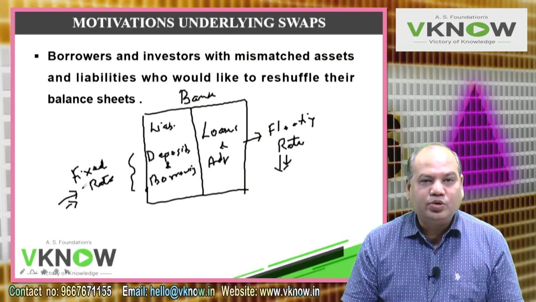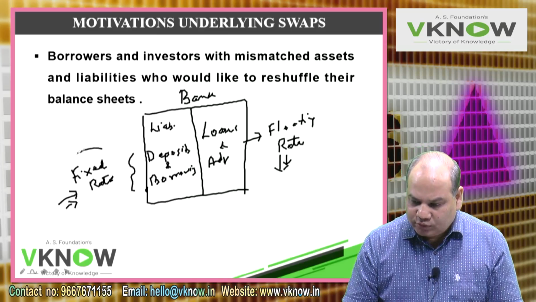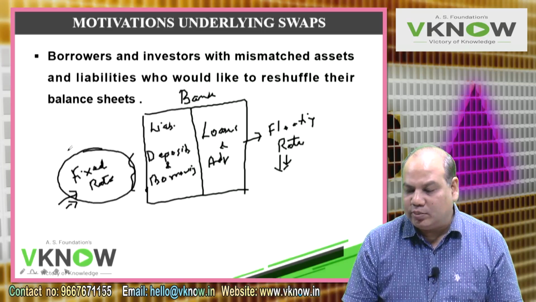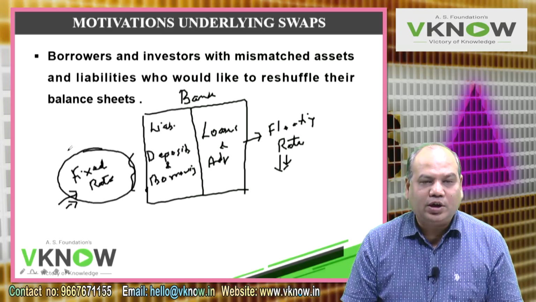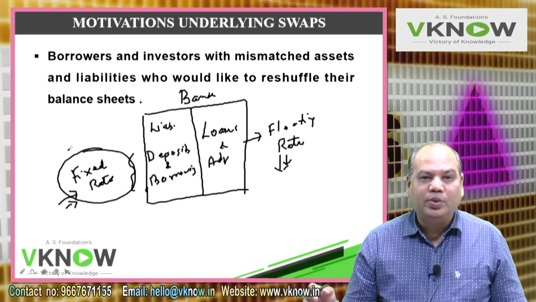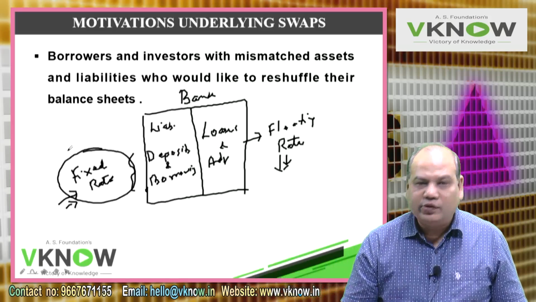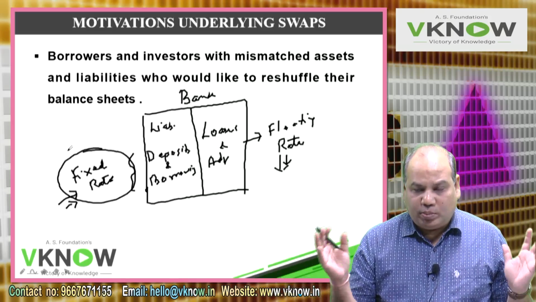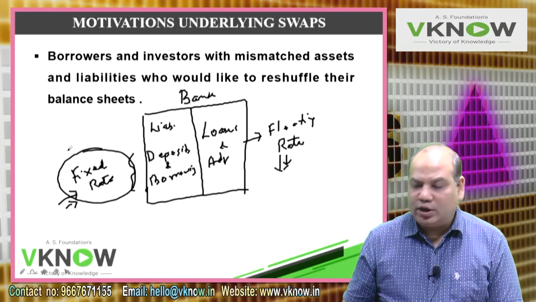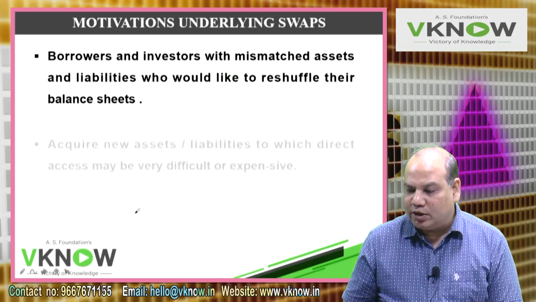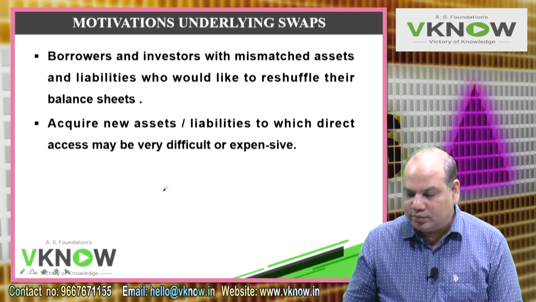You can enter into a swap transaction whereby you convert your fixed rate liability into a floating rate liability. So if the interest rate falls, on the liability side you'll have to pay less interest, and on the asset side you are receiving less interest. So through a swap one can manage assets and liabilities, and that is called asset liability management. So banks can use swaps for their balance sheet asset liability management.